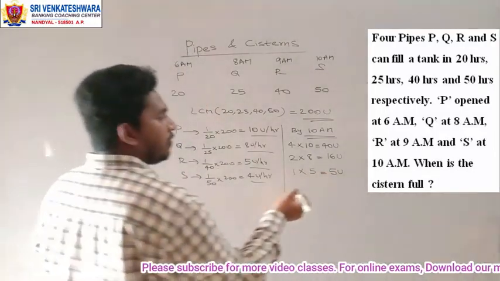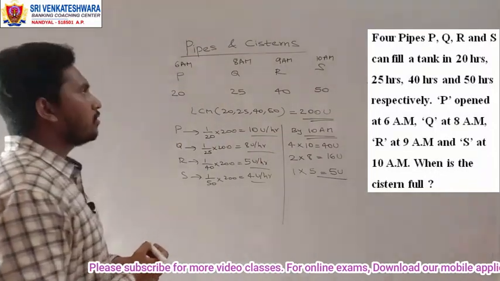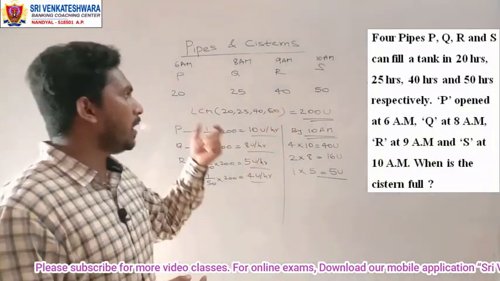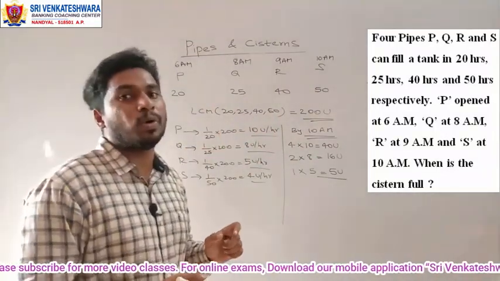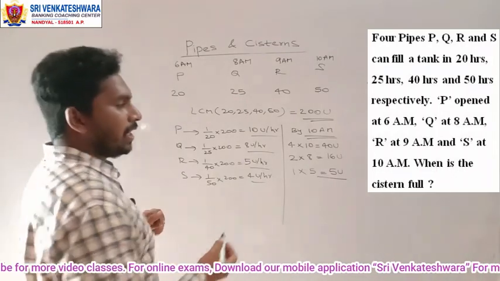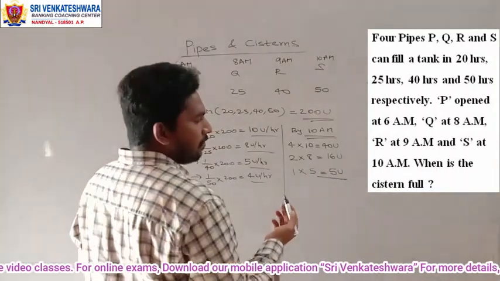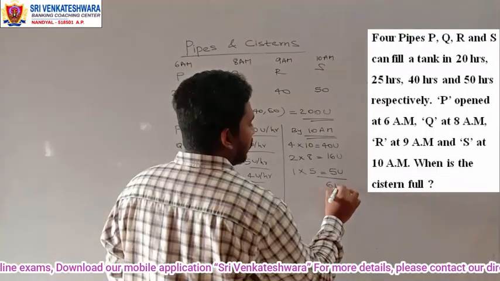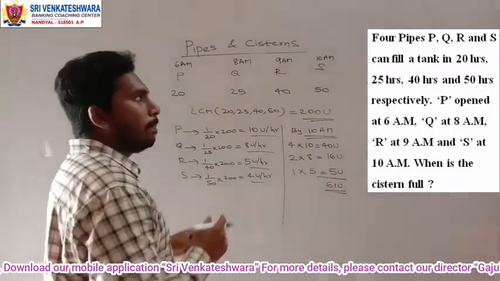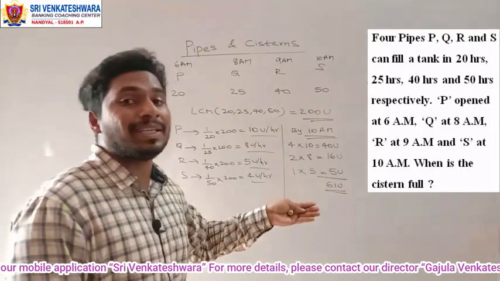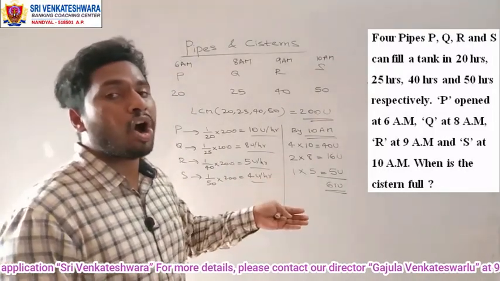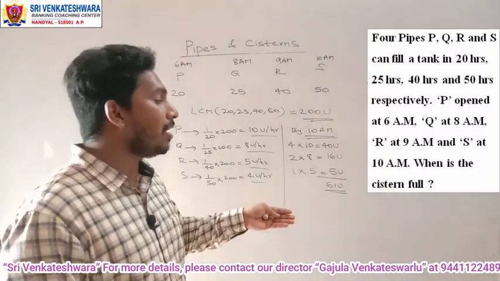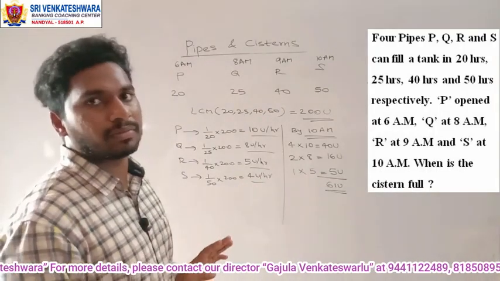So what will be filled from 6 a.m. to 10 a.m. by the pipes that are opened in between? It is 16 plus 5, 21, plus 40, that is 61 units. So by 10 a.m. already 61 units of water is filled.